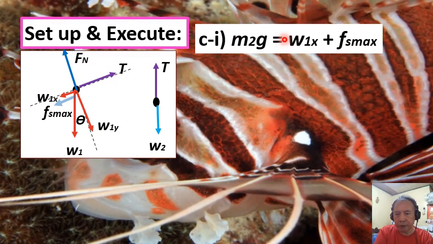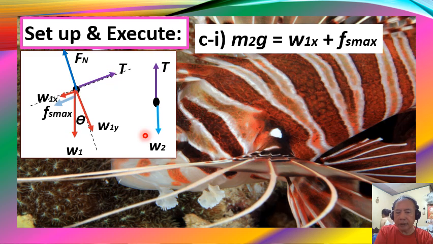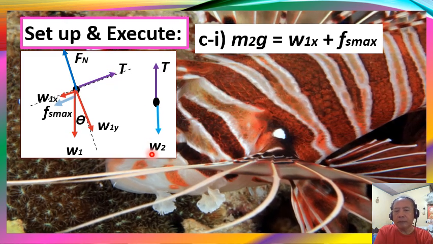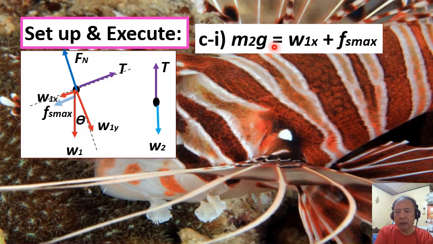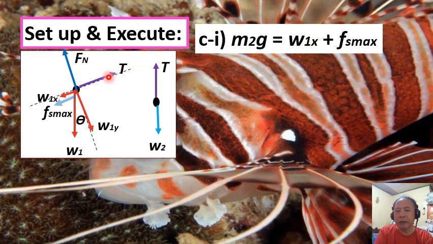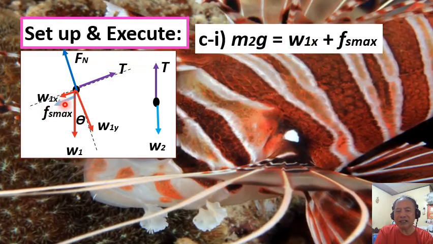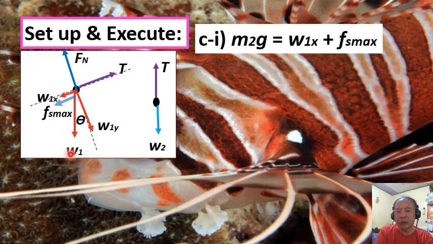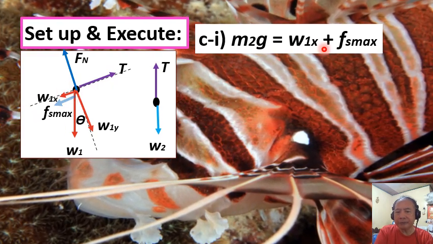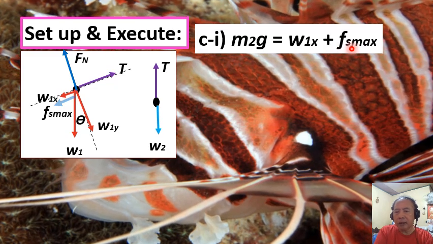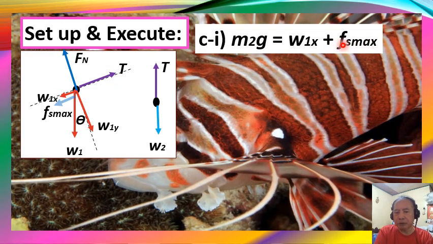In other words, the weight of block number 2, or that is M2G, will just be equal to the sum of W1X, that's the component of the weight 1 along the incline, and the maximum static friction.